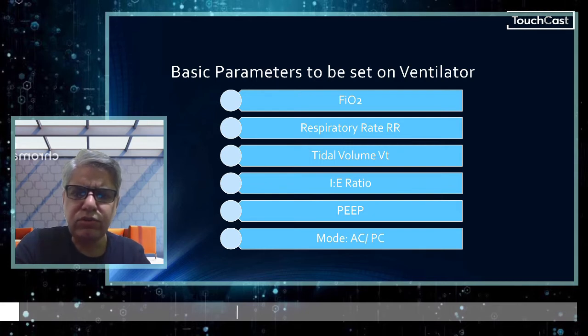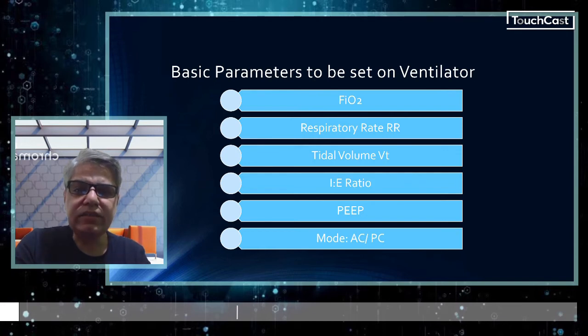So you cannot use the actual body weight, because then it would give you a different tidal volume. So we have to use the tidal volume based on ideal body weight. And remember, ideal body weight is always determined by the height of the child. So you have to take the height of the child, and then there are formulas by which you can calculate the ideal body weight for that particular height, and then you multiply it by 4 to 6 to get the tidal volume. So that has to be adjusted in that way.